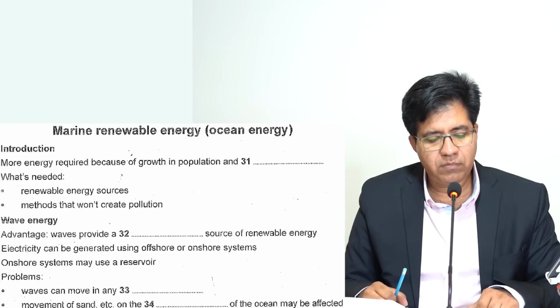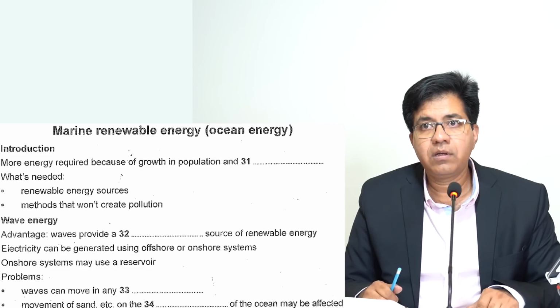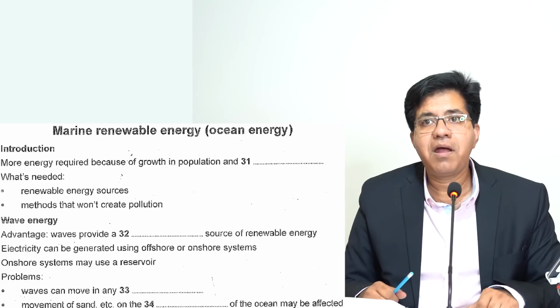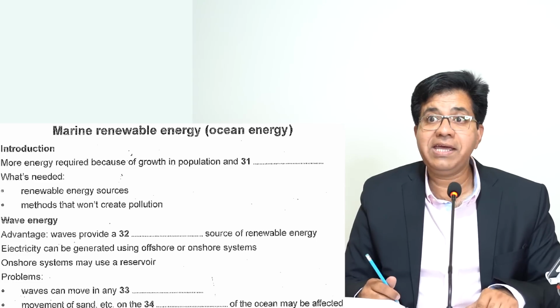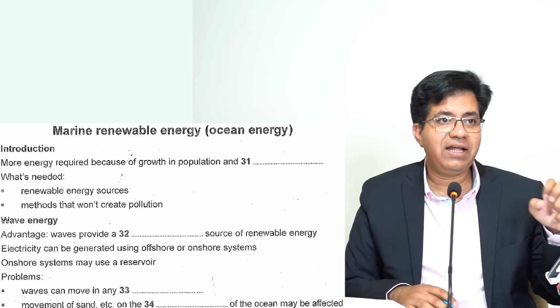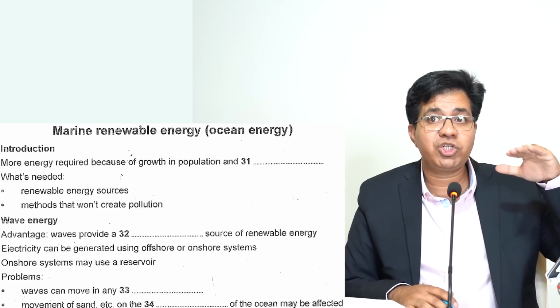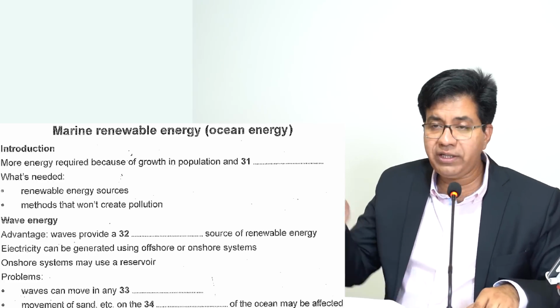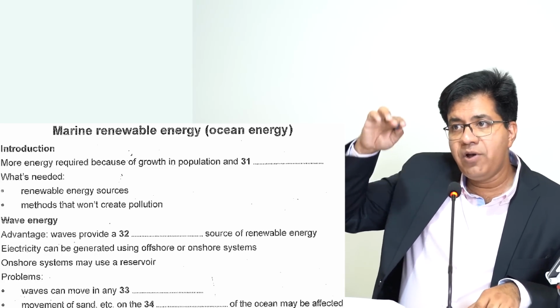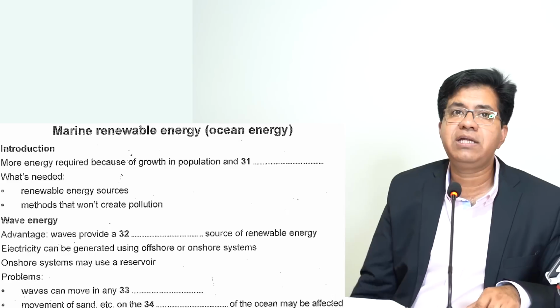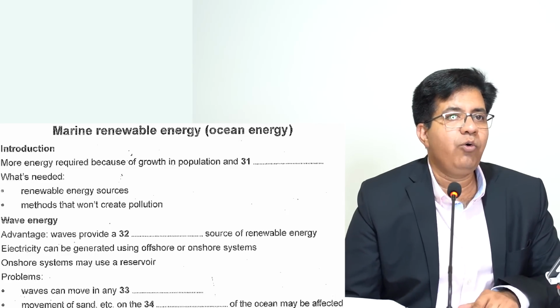Another drawback is that sand and other sediment on the ocean floor might be stopped from flowing normally, which can lead to environmental problems. Sand and other sediments on the ocean floor. So on the ocean floor means floor of the ocean. Answer is floor, F-L-O-U-R.